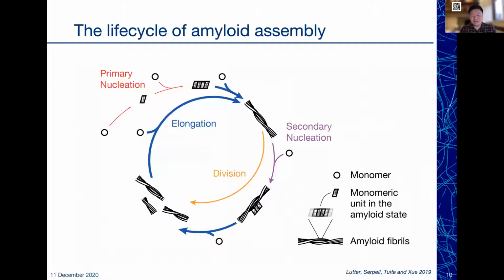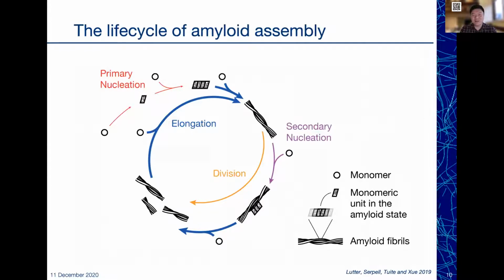Over the years, we are knowing more and more about the mechanisms and processes involved in the formation of amyloid by studying the filaments using microscopy approaches, as well as studying the kinetics of the formation.